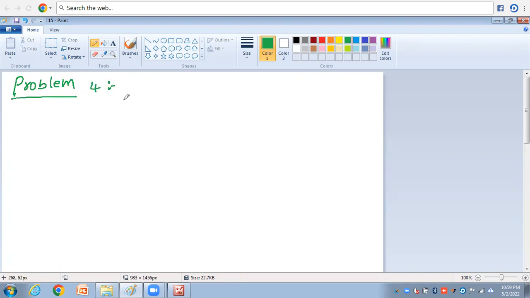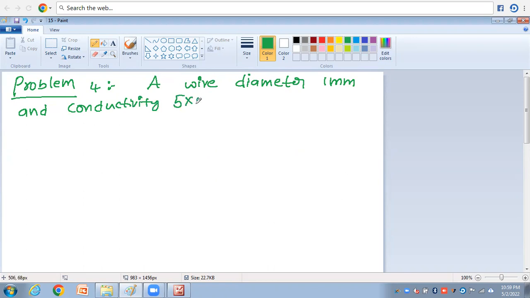Problem 4. A wire of diameter 1 mm and conductivity 5 into 10 to the power of 7 Siemens per meter has 10 to the power of 29 free electrons per meter cube.